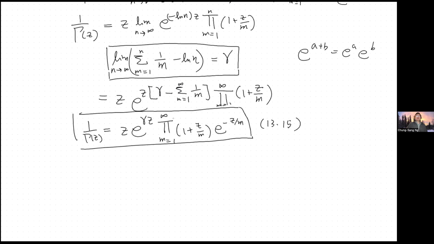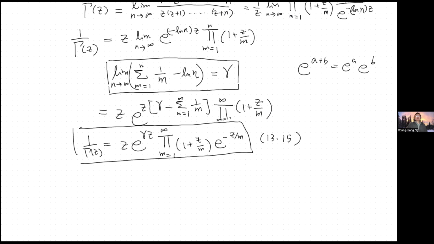Now from this formula, you can see another way to look at it: this function has no explicit singularity other than z going to infinity. This is just a power of z, and this is just an exponential function. It doesn't blow up other than when z goes to infinity.